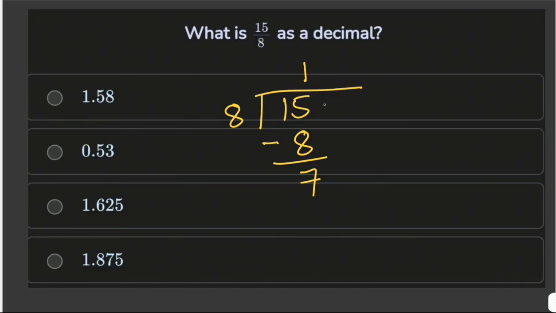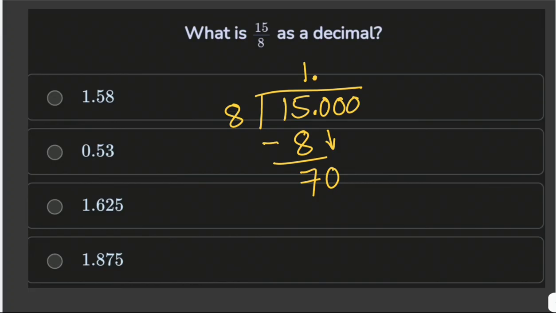So we can add zeros here, and a decimal point here, and also a decimal point after 1. Since 15 minus 8 is 7, and 8 cannot divide 7, we need to add zeros. So we bring down 0, and that becomes 70.